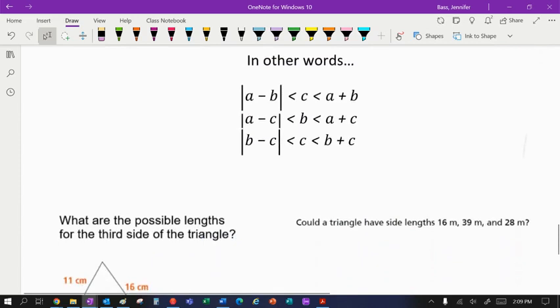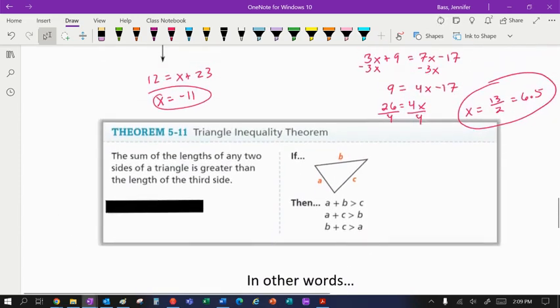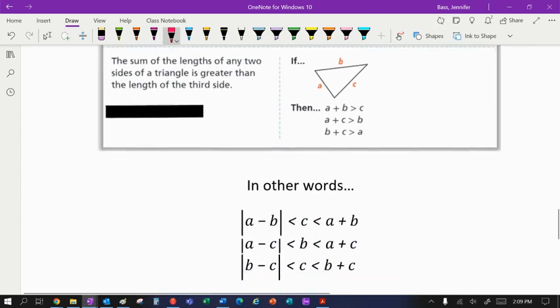Okay, the last tidbit that we're going to need for this review is the triangle inequality theorem, and it tells us that the sum of any two sides of the triangle has to be bigger than the third side. But there's a corollary to that, which tells you that you should also be able to subtract them and have that side be bigger than the difference.